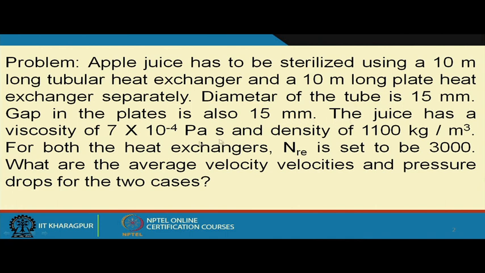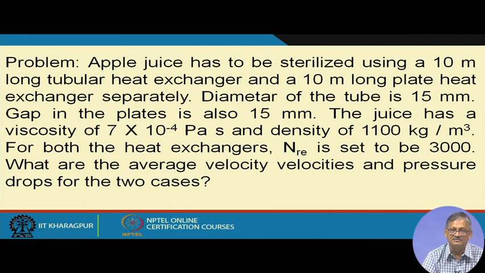The juice has a viscosity of 7 × 10⁻⁴ Pascal second and density of 1100 kg per meter cube. For both the heat exchangers, Reynolds number NRe is said to be 3000. What are the average velocities and pressure drops for the two cases, right? So it is a simple problem. As far as you are concerned, by this time you have come to know the details of it.